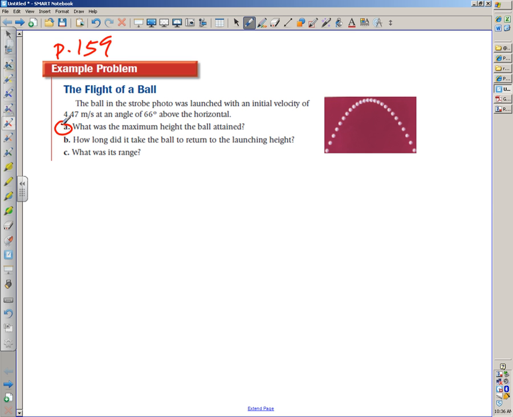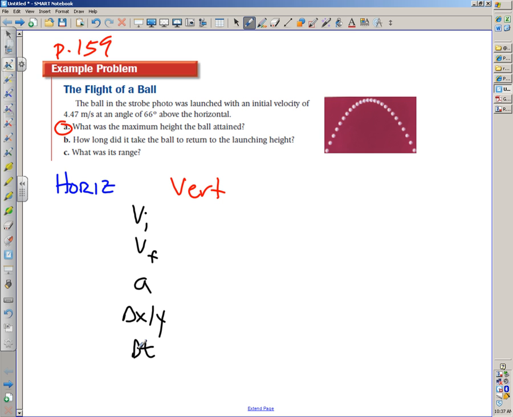And we said that there is nothing different about how we start this problem. So we still go ahead, make ourselves a chart. Horizontal side, vertical side. And we said that there's still the five things that we're looking to analyze: VI, VF, acceleration, displacement, and then time.